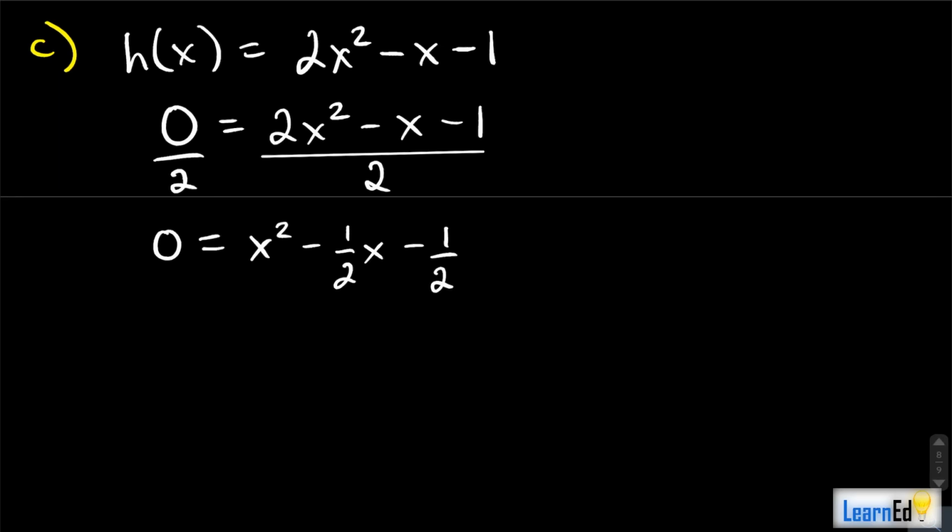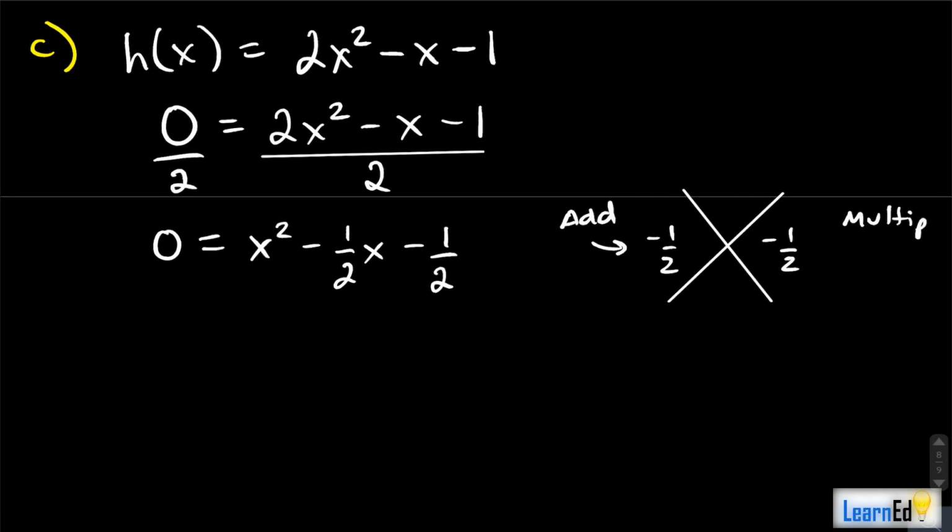Okay? So now how do I factor this here? Well, let's think. I can draw that little x diagram again. And I have a negative 1/2 here and a negative 1/2 here. So what two numbers add to be negative 1/2, but also multiply to be negative 1/2? Okay? See if you can figure this out on your own. All right? Tell me if you can think it.